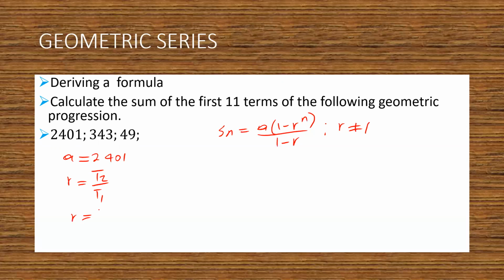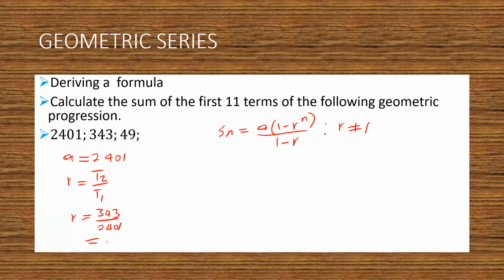We get 0.14. Let's do it quickly. So you took 343 and divided it by 2401. Please leave it as a fraction. How much do you get?